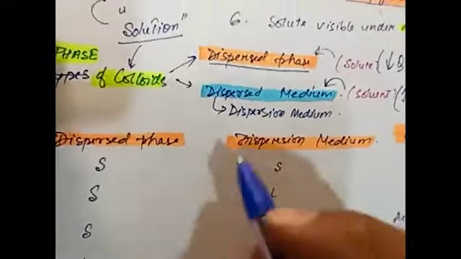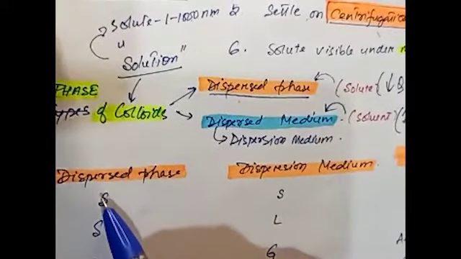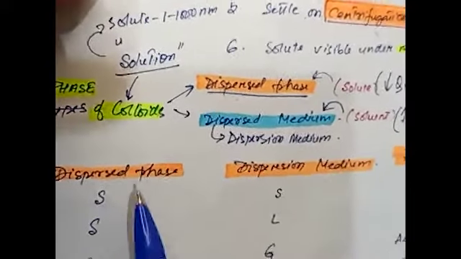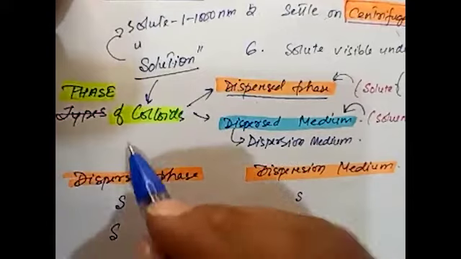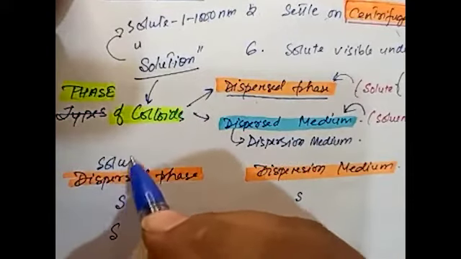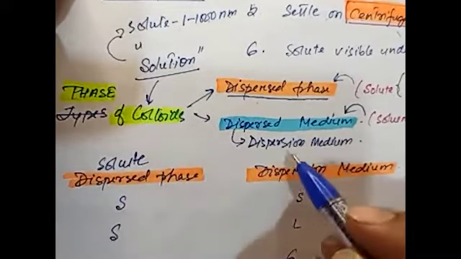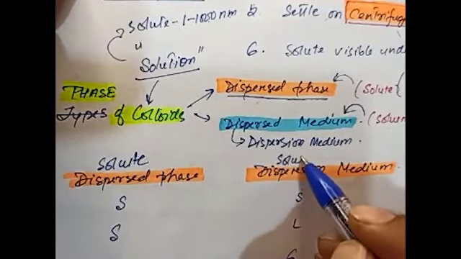Okay, so I have seen this earlier also in the solution chapter. The dispersed phase, as I said, is nothing but the solute, and the dispersion medium is nothing but our solvent.